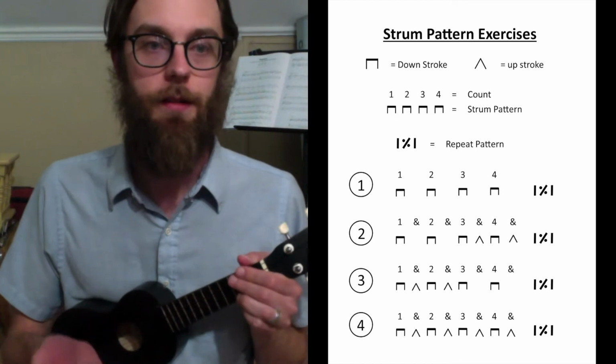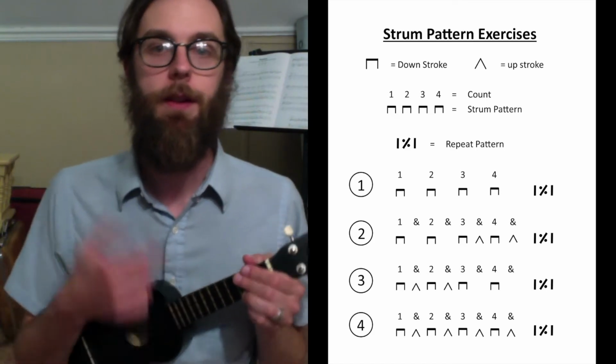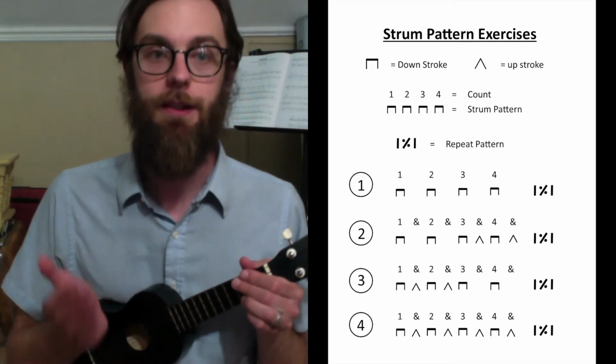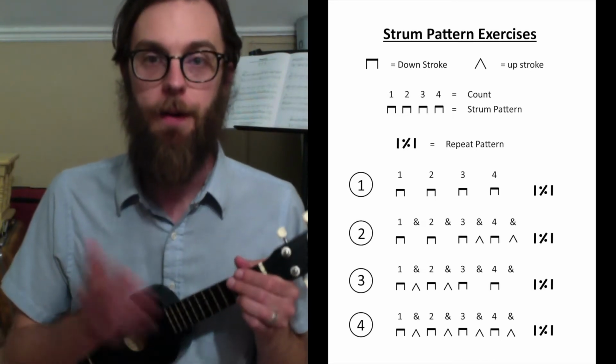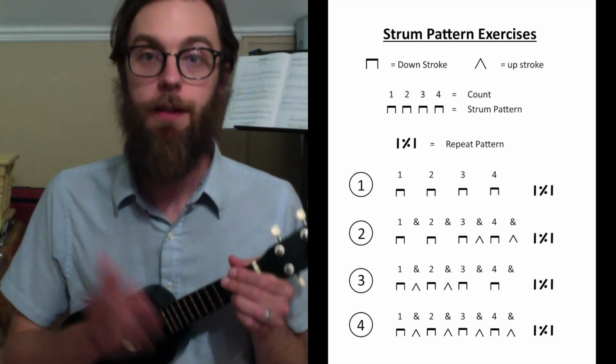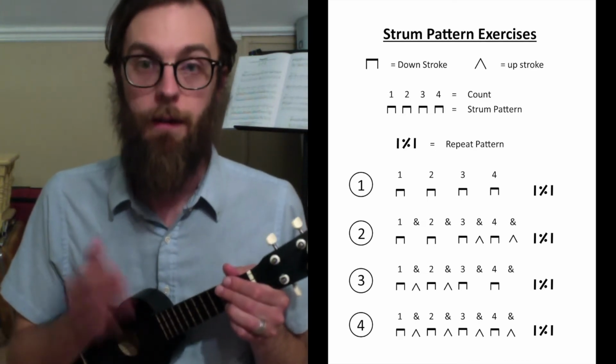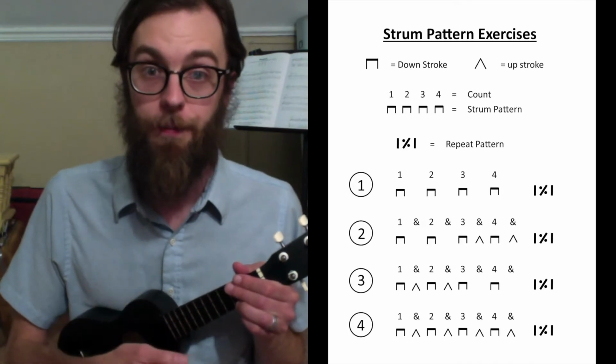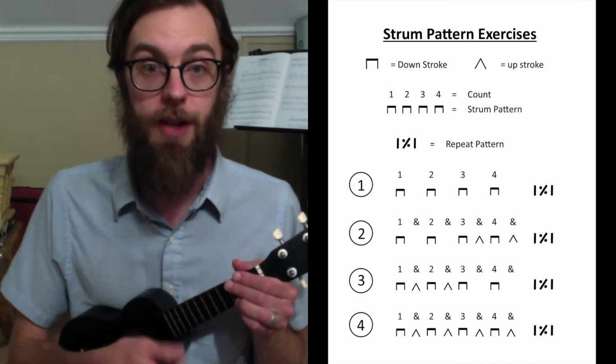Okay, so the first pattern. You're counting, we'll count out loud. We'll do 1, 2, 3, 4. 1, 2, 3, 4, because we'll be repeating. So then the down strum goes along with each count.